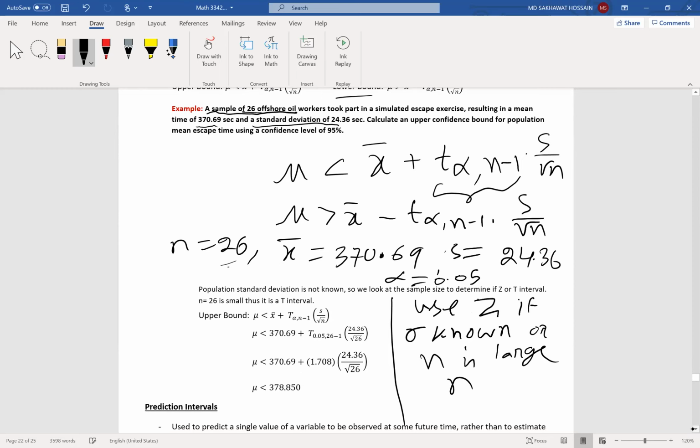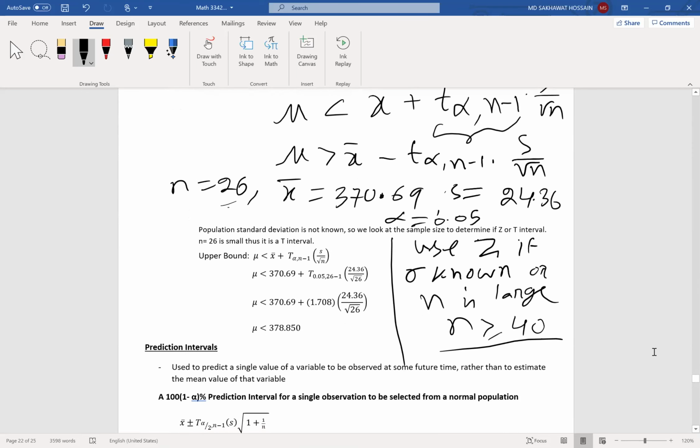Large usually, for a confidence interval, means n greater than or equal to 40, but this is not always fixed. It depends on the sampling distribution. But for now, if n is greater than or equal to 40, you will consider n as large. If n is less than 40, you will consider n as small.